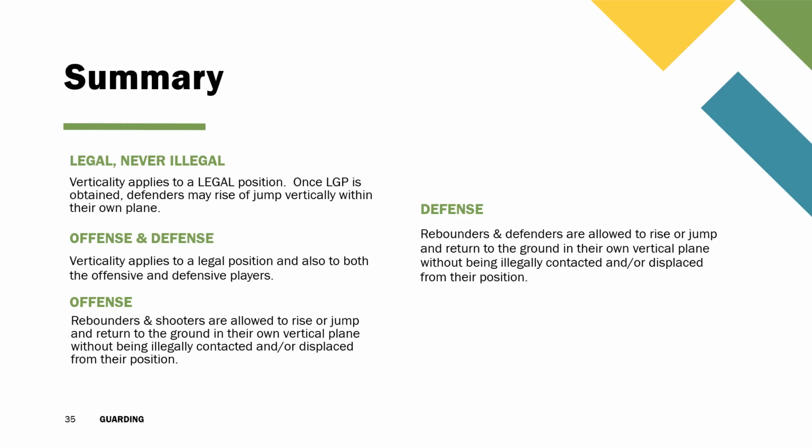The principle pretty much being that rebounders, shooters, and defenders are allowed to rise or jump vertically from A to A. That is, they have the capacity to rise or jump from the ground infinitely up to the ceiling and return to their original position and or space without being illegally contacted or displaced.